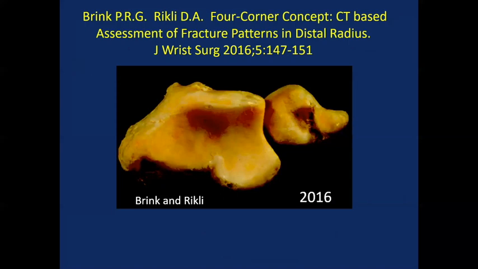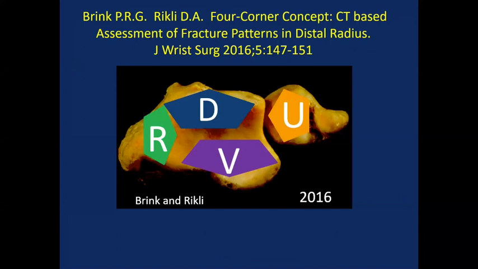In 2016, Brink and Rikli came up with a 4-corner concept, which is a CT-based assessment of fracture patterns of the distal radius. And they came up with 4 major corners: radial, dorsal, volar, and ulnar.